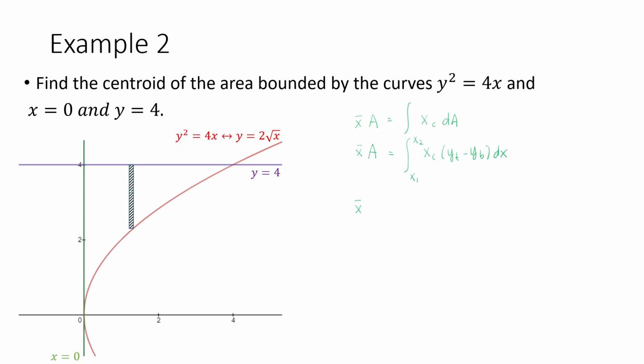Okay, so if vertical strip, since we're not touching any graph towards the centroid, it is just the x value, di ba? So bar x times 16 over 3 equals the integral of x times 4 minus 2 square root of x dx from 0 to 4.